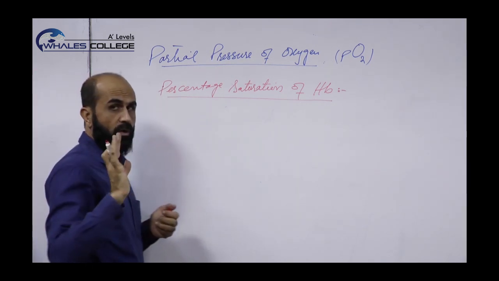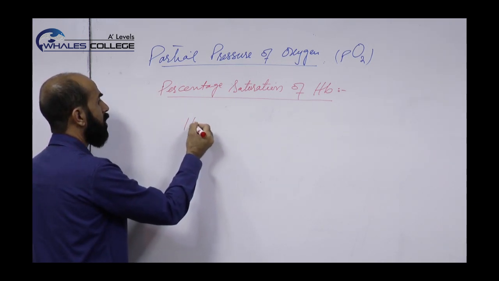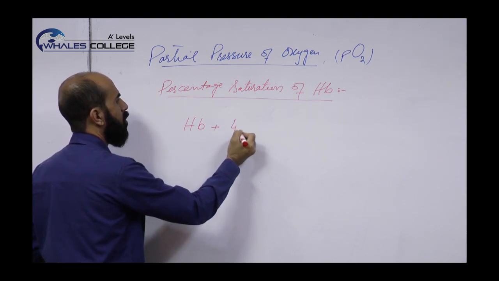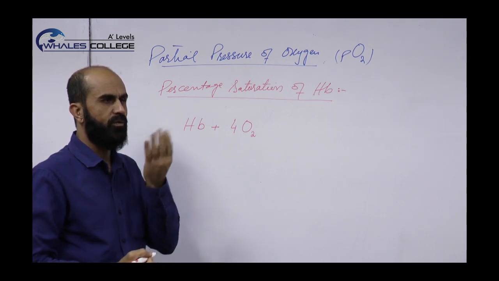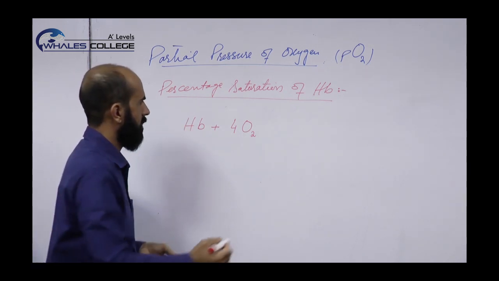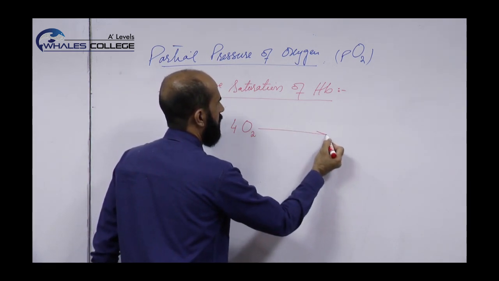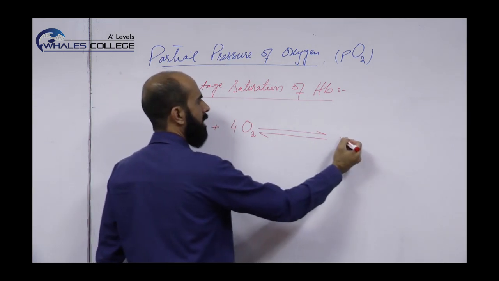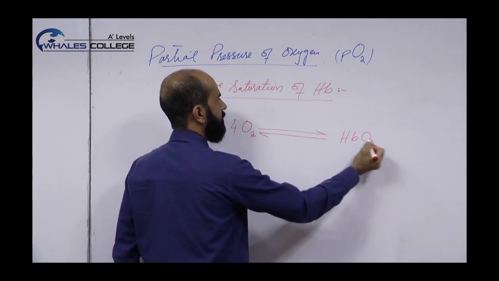Before to discuss these four features, I'm just giving you one equation. So we say like hemoglobin, which is Hb plus 4O2. It reacts with 4 molecules of oxygen because each hemoglobin has 4 prosthetic groups, as we discussed in chapter 2. It is a reversible reaction, and it will make HbO8.